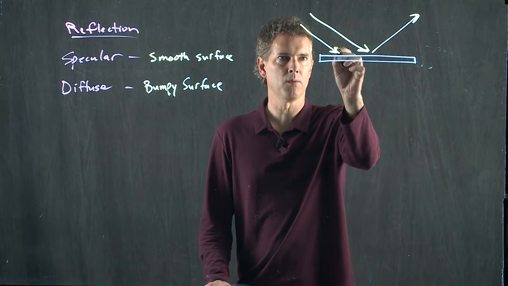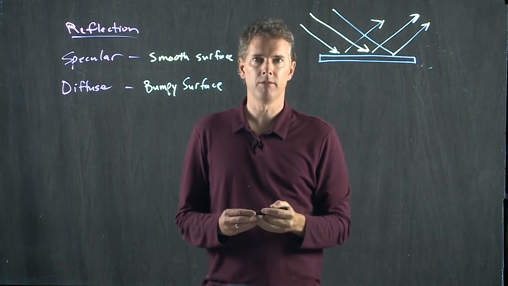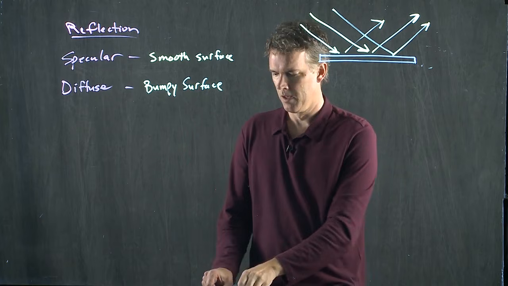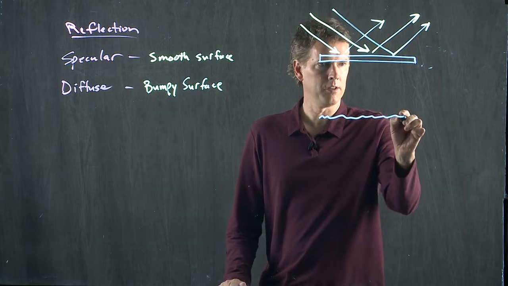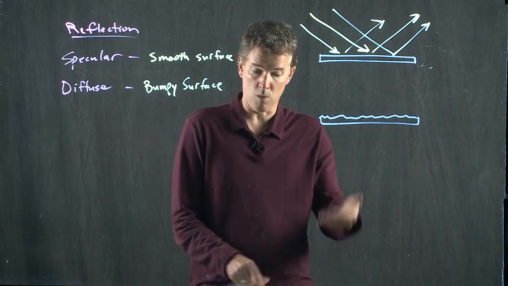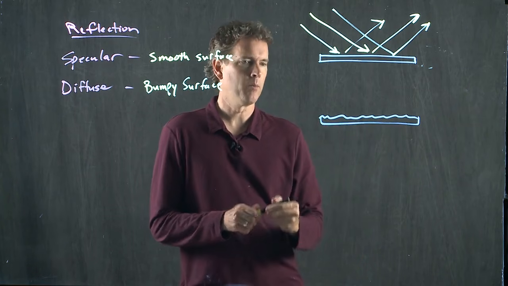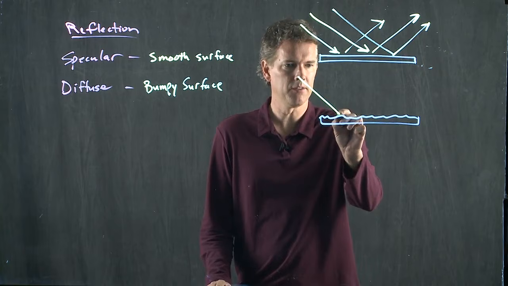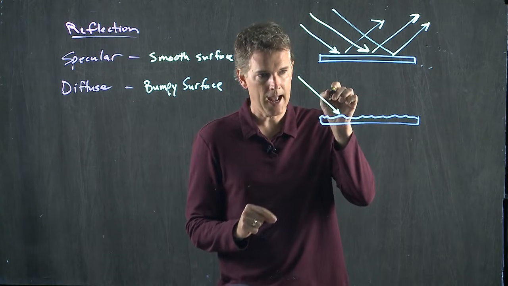There are, of course, many rays that come in, and they all bounce off, obeying the law of reflection. But a bumpy surface has all these indentations or water droplets on it, like in the case of this mirror. And so when a ray comes in, it hits there, it's going to suffer the law of reflection at that point.